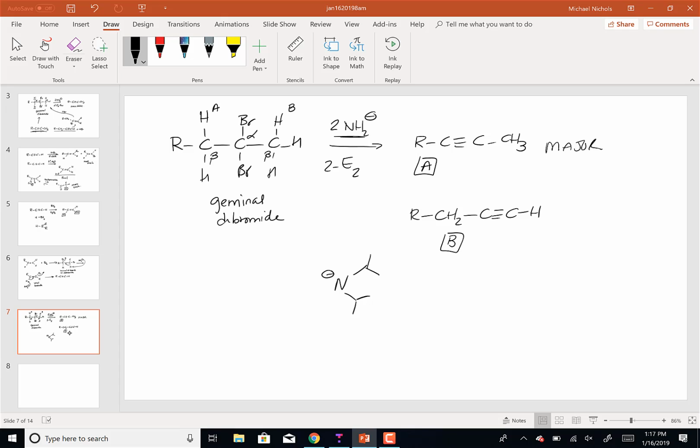You might say, well, why not put two tertiary butyl groups on the nitrogen? I don't know if that compound exists, but I do know this one exists, because this is called diisopropylamide. It may be in your textbook from last semester as an alternative to tert-butoxide, with a lithium counterion, because this is called LDA.